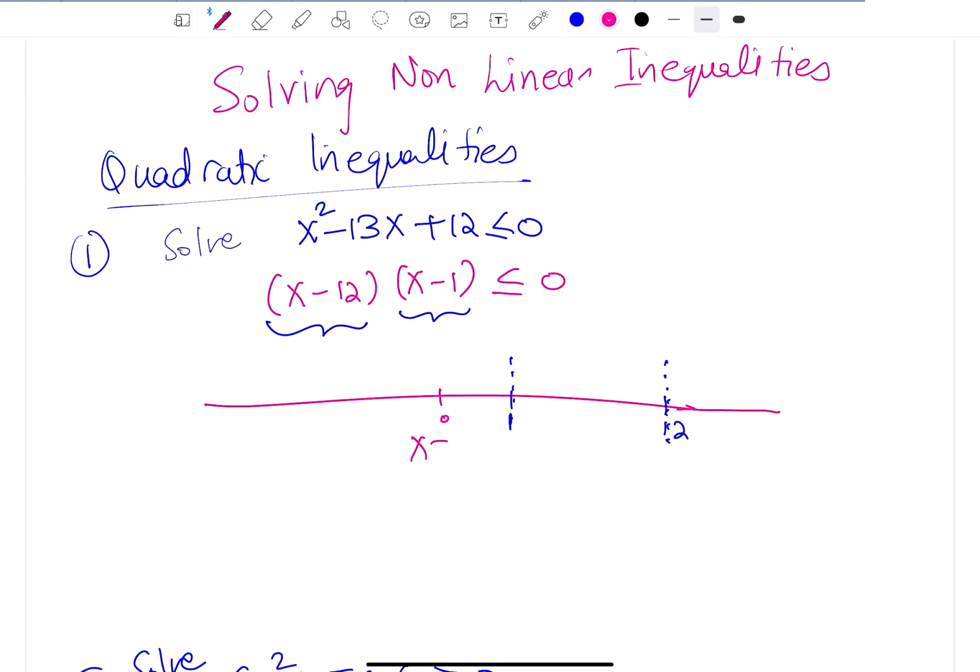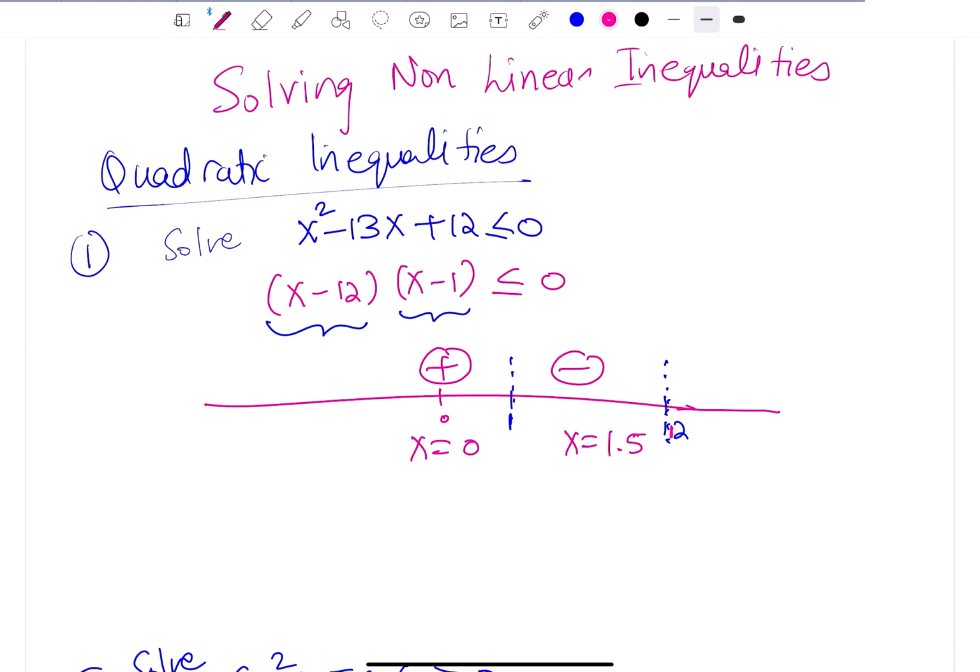So if I pick a number x equals 0, to the left of 1, if x is 0, then the inequality is positive. Between 1 and 12, we can pick 1.5. If x is 1.5, then my first factor will be positive, and the second factor will be negative. Positive times negative is a negative.